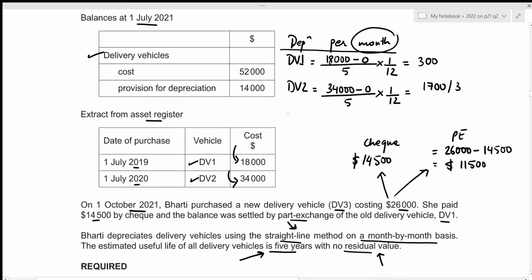Now let's repeat the same process for delivery vehicle 3. We have our cost to be 26,000, so that will be 26,000 minus 0 by our estimated useful life of 5, and dividing by 12, this gives the depreciation charge per month for delivery vehicle 3 to have the value of 1,300 by 3.